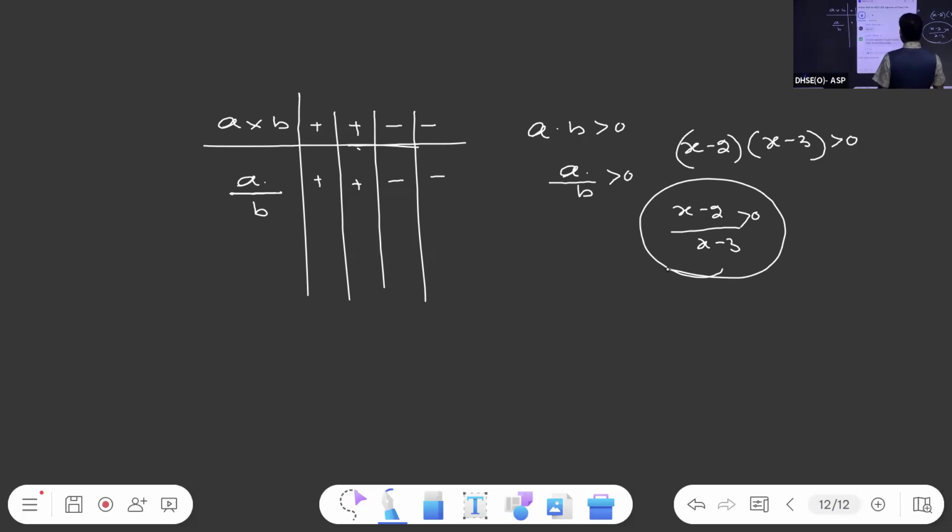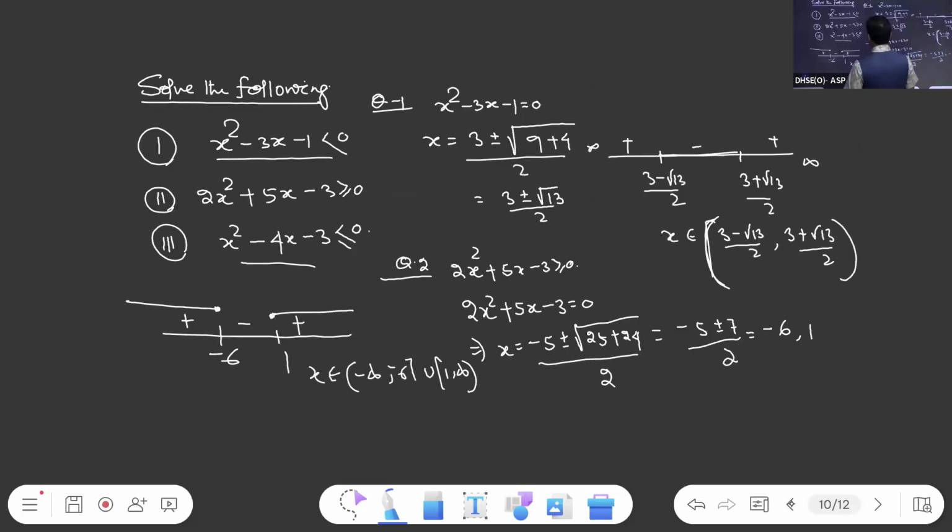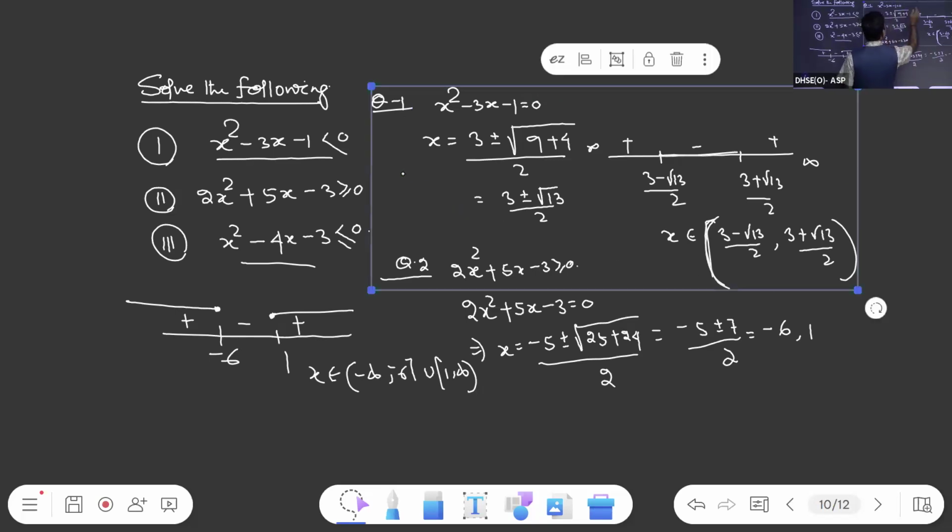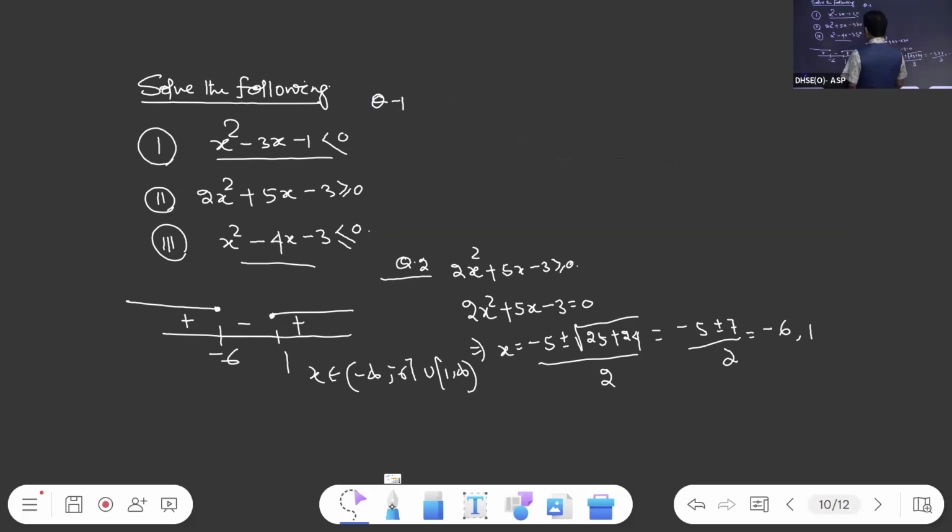Second question, 2x minus 1 into x plus 3. Okay, let me check again. Let me factorize it again. So 2x square plus 5x minus 3.